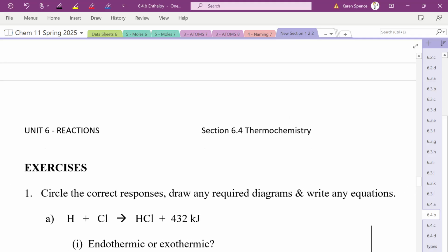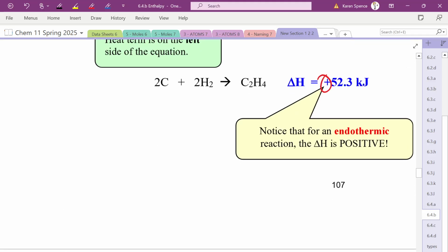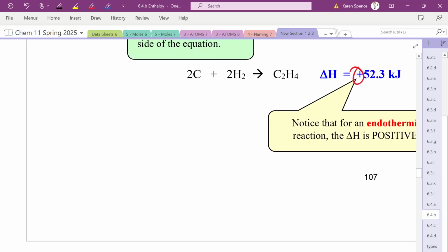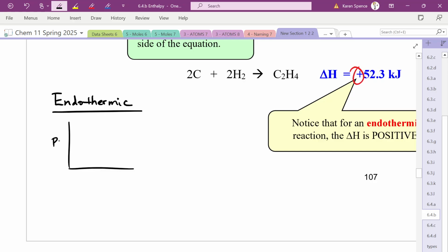All right, and now let's just do a little summary for endothermic reactions, just like we did for exothermic. So endothermic, our graph would go up, okay? And you can think of this as the staircase goes up as you enter the building, okay?